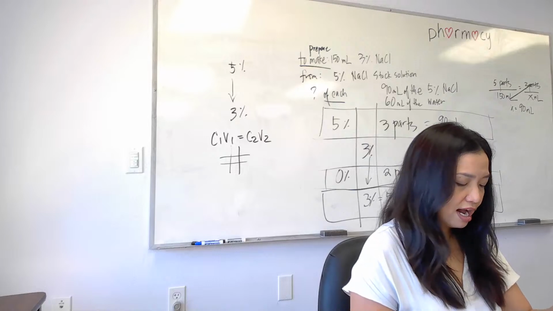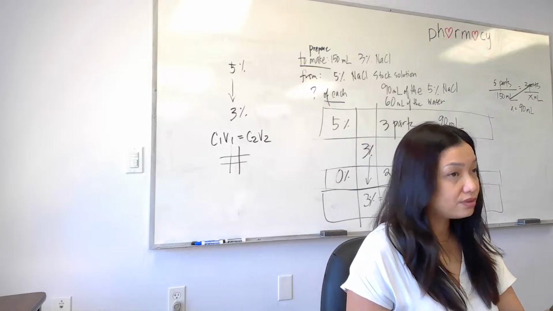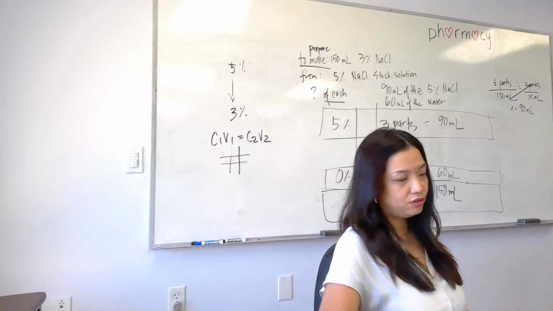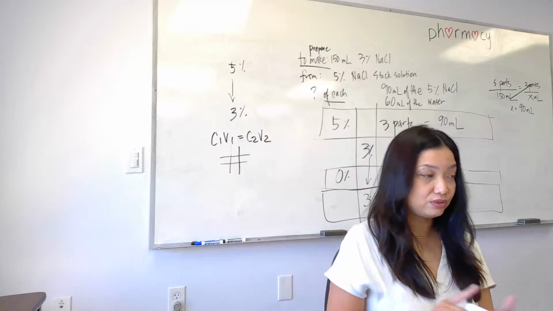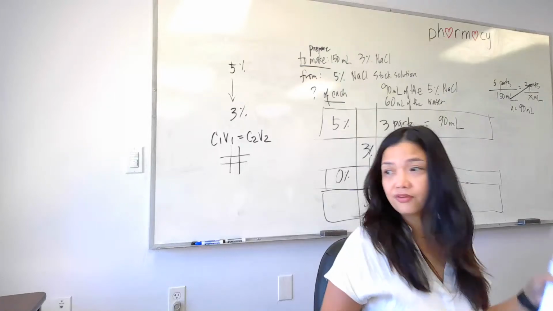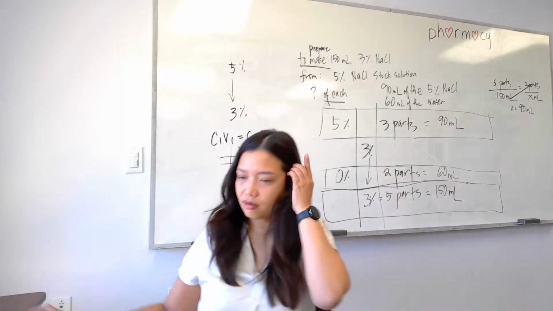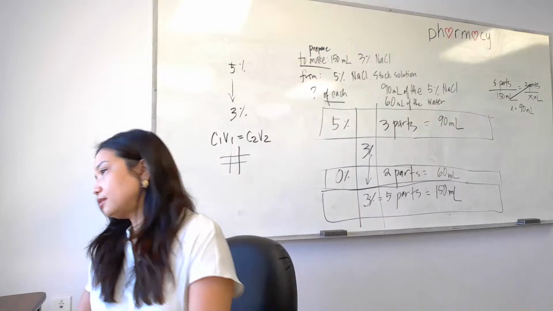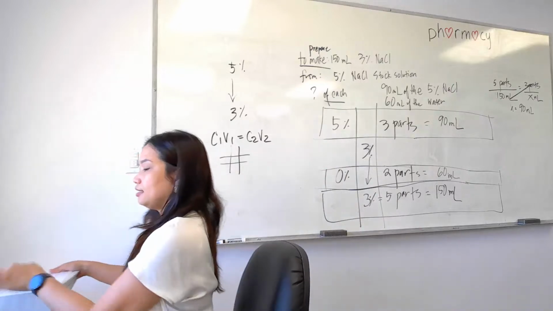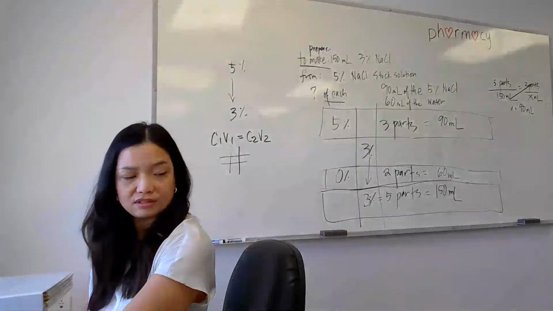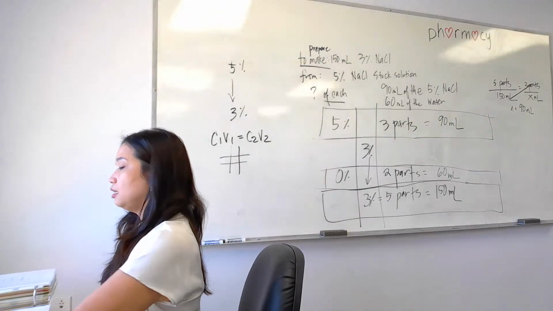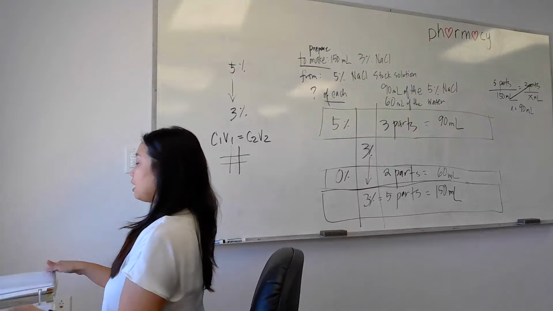After me giving you the correct answer, 200 milligrams per ml, I want you to try to work it backwards before I show the work. Number 4. Why do you think it's 200 milligrams per ml? Like I said, there are a couple of ways to solve this. You can do the percentage.